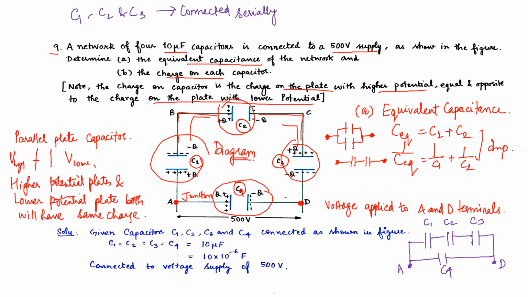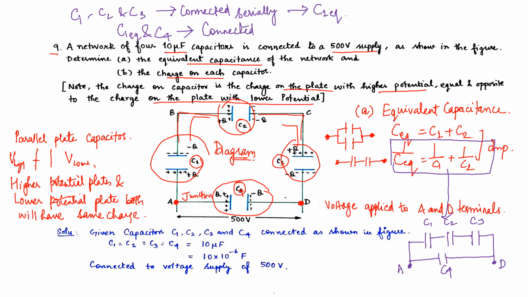To find their equivalent capacitance, this formula will be used for C1, C2, C3, and then whatever equivalent comes from here, that equivalent and this C4 are connected in parallel with each other.